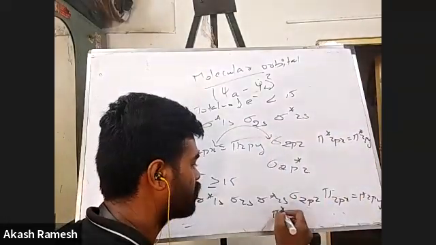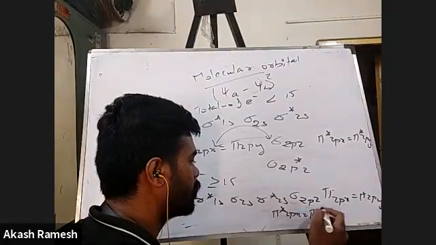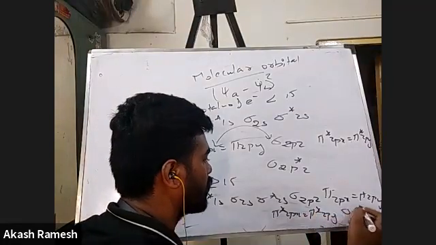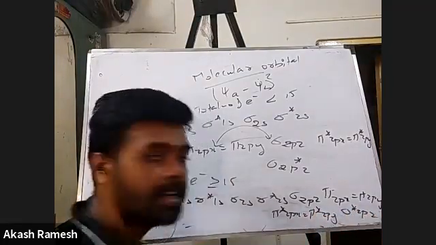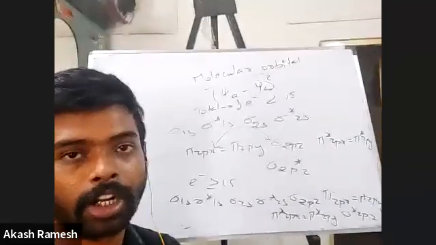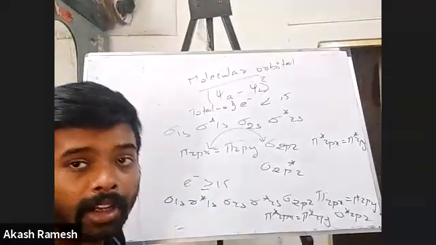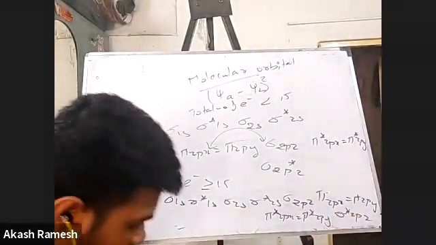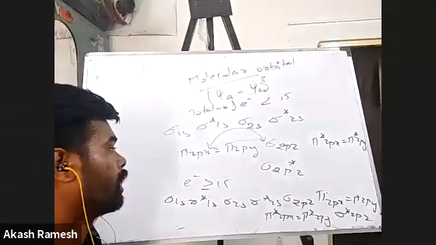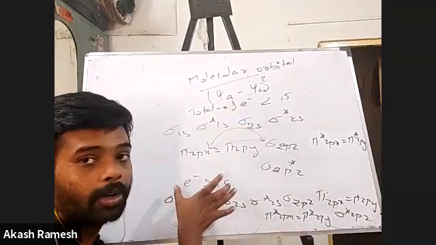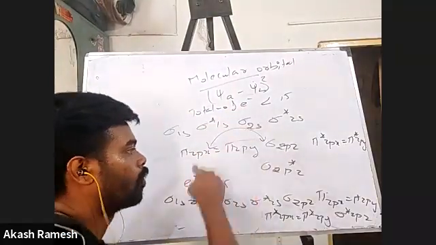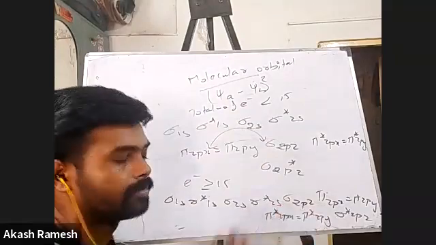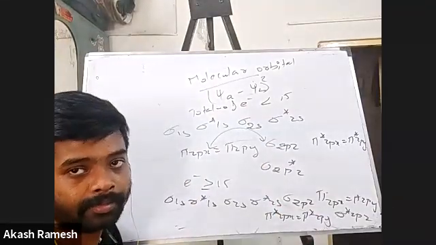So you will have pi star 2px equal to pi star 2py, and at last sigma star 2pz. So the only thing which is different between total electrons less than 15 or greater than or equal to 15 is these two. Only these two are interchangeable, and nothing else is changing.